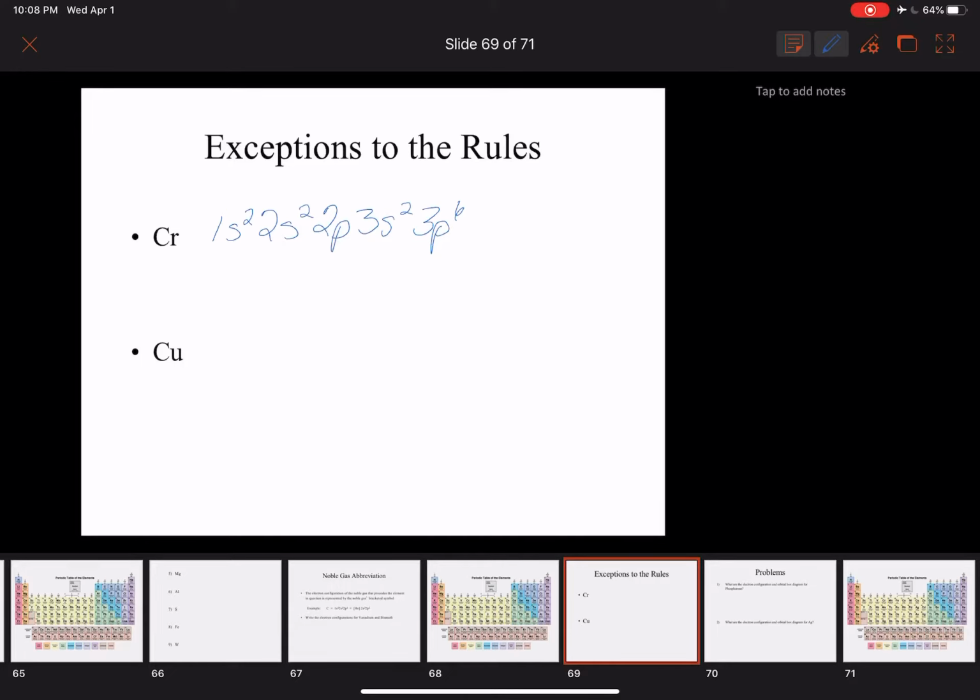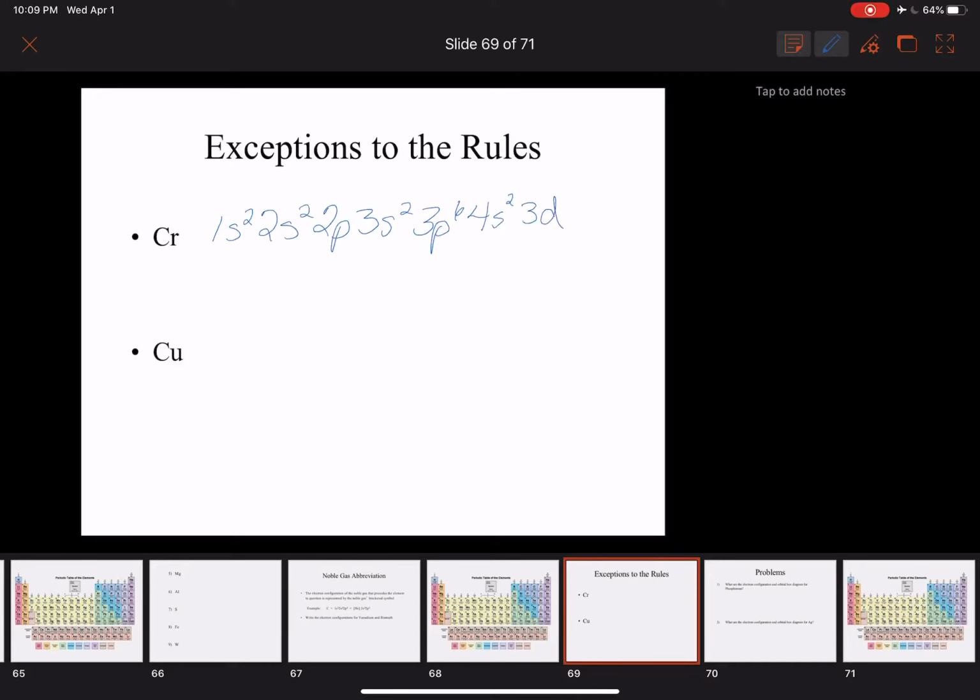What we'll do is we'll go out to the 4s because that lovely spherical orbital is low in energy and really easy to get into and nice and comfortable. So those 2 electrons will pop out into the s subshell out there, into the 4s. And then we go back into the 3d's.